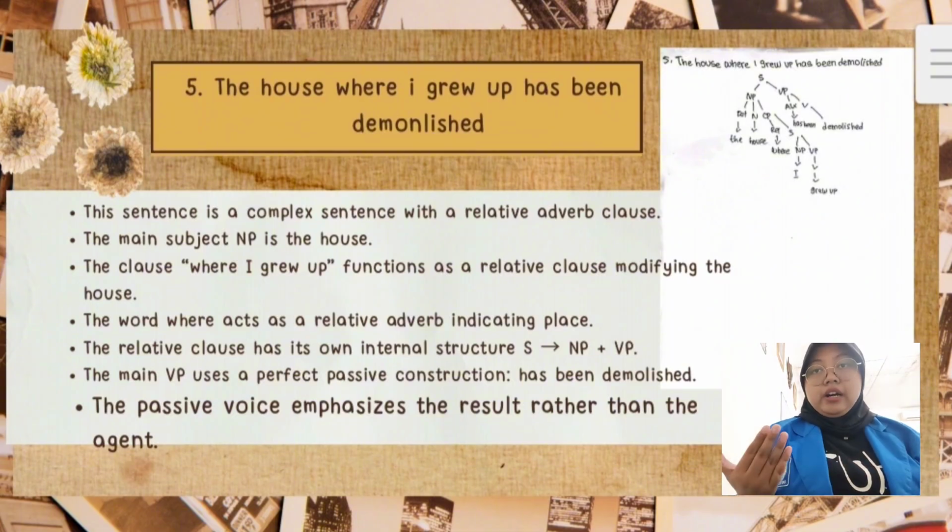The word where functions as a relative adverb indicating place. The relative clause has its own internal structure. The main verb phrase uses a perfect passive construction, has been demolished, which emphasizes the result rather than the agent.